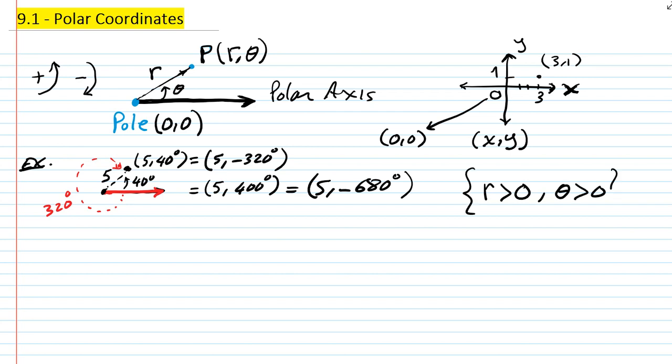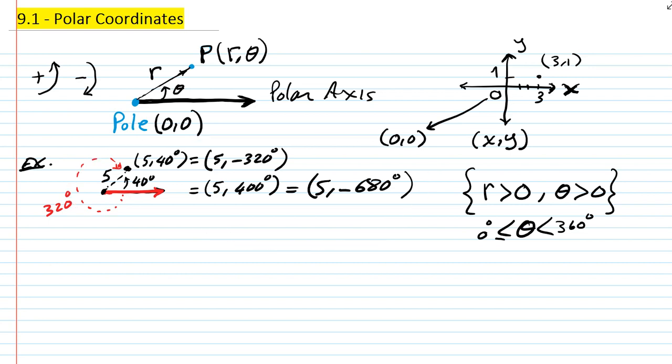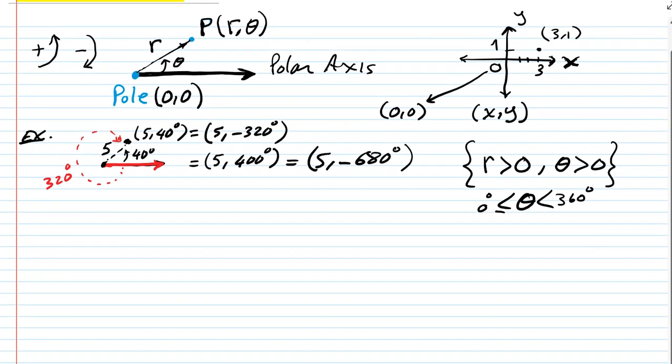That would be the convention that we're going to use. And usually we go from 0 to 360 degrees. Typically, theta lies between 0 and 360 degrees. So this way we all get the same coordinates. Otherwise, imagine if everybody wrote their own coordinates and they're all correct. Well, that's going to make it a little confusing, right?